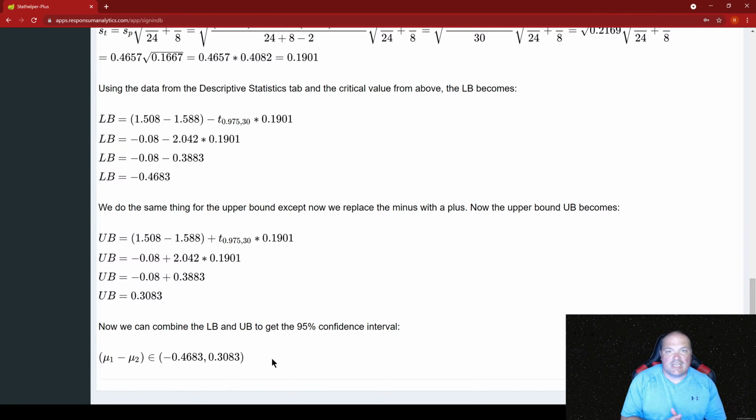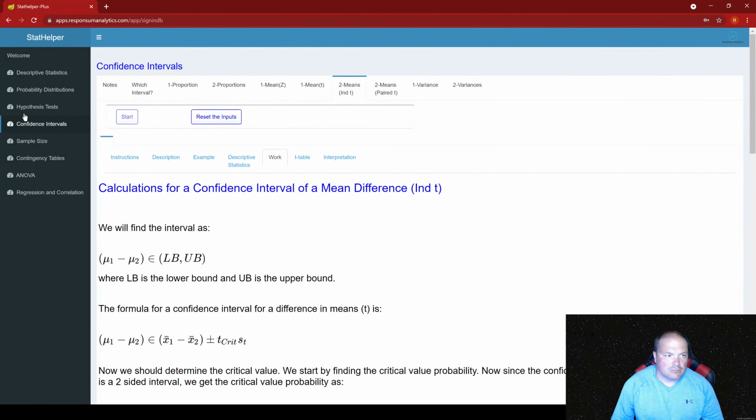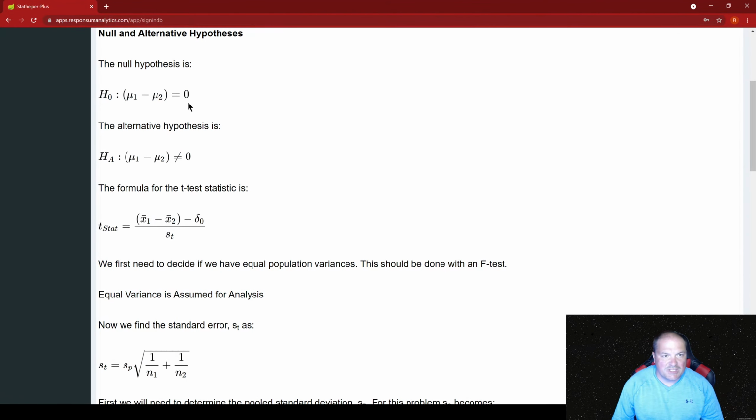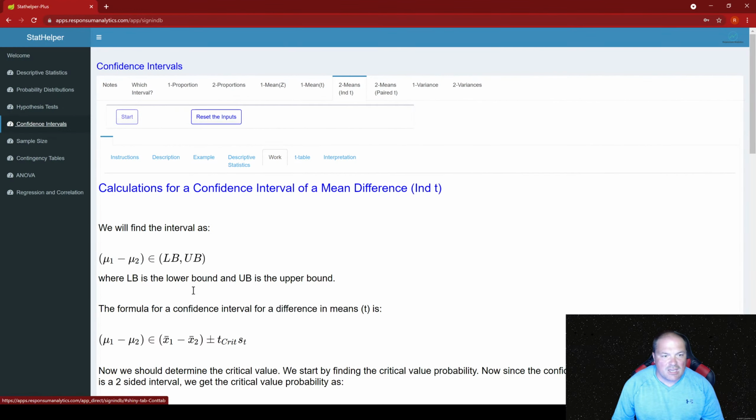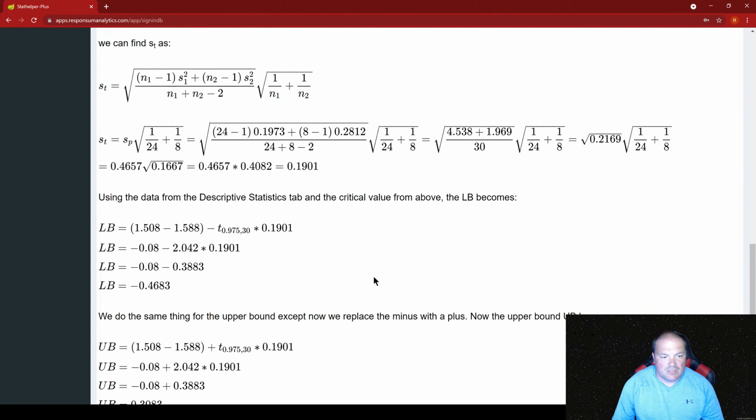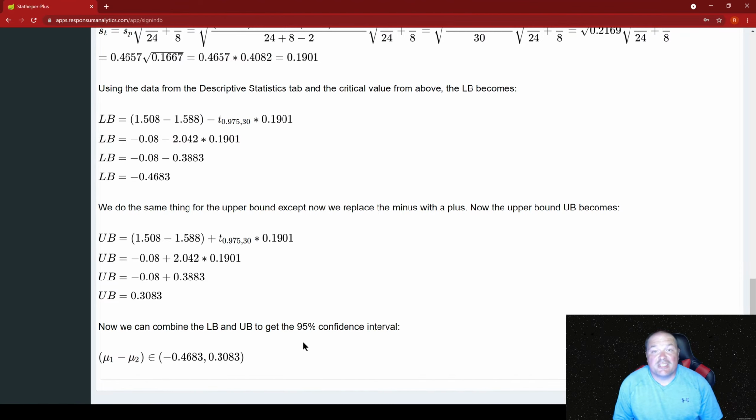Now, what did we say? I said, take our hypothesized value, which in this case was 0. See if it falls in the confidence interval. Does 0 fall in? And the answer is yes. So because 0 falls in, we will fail to reject.